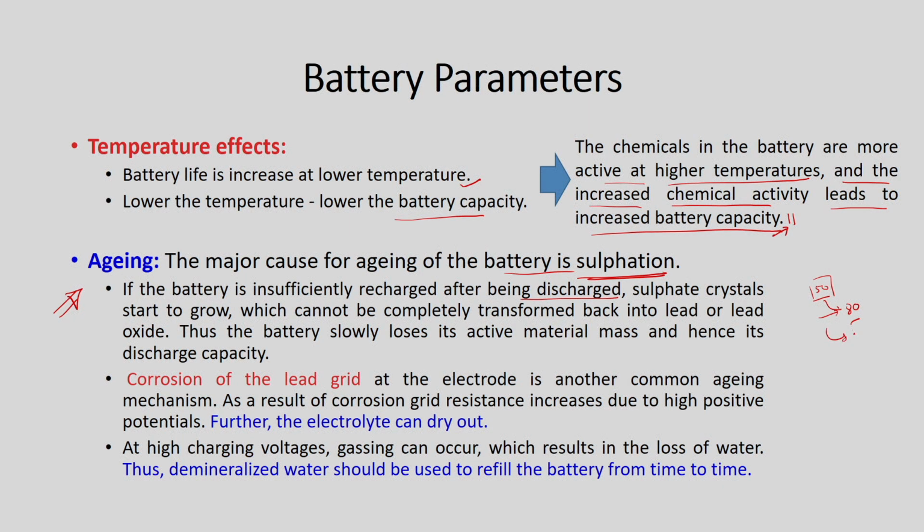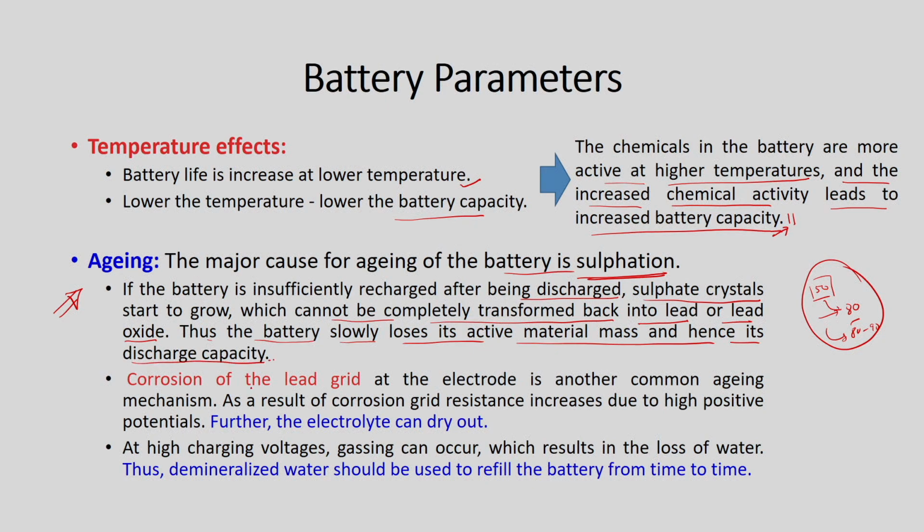Again we use it, and charge to 80%, 90%. If we do that, we are reducing the efficiency because of sulfate crystal generation. Sulfate crystals start to grow which cannot be completely transformed back into lead or lead oxide. Thus the battery slowly loses its active material mass and hence its discharge capacity.